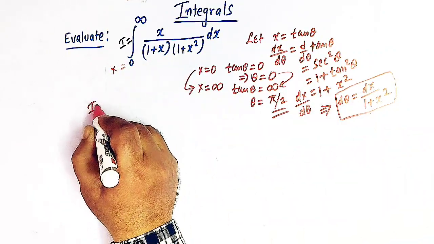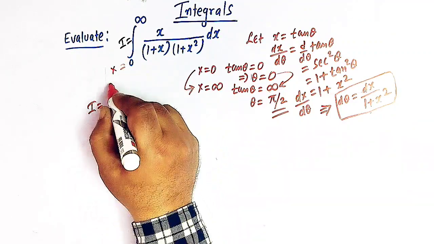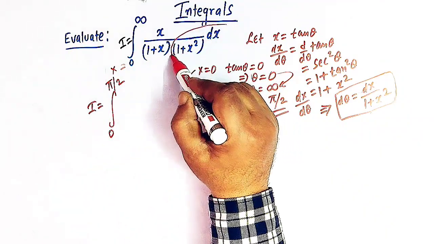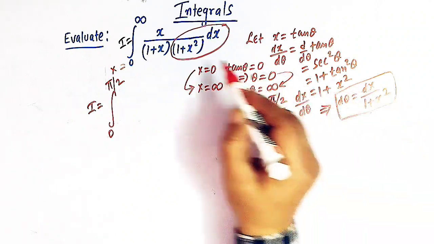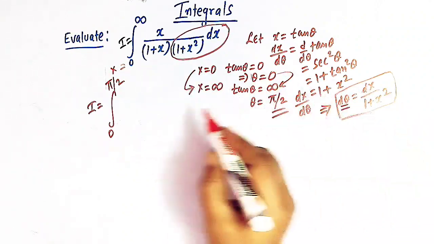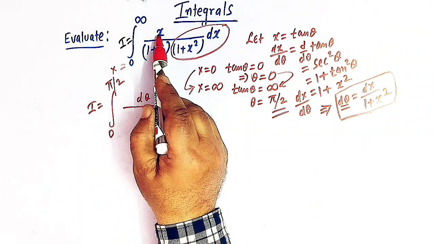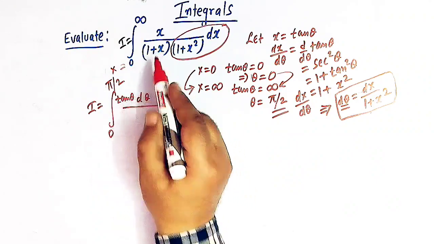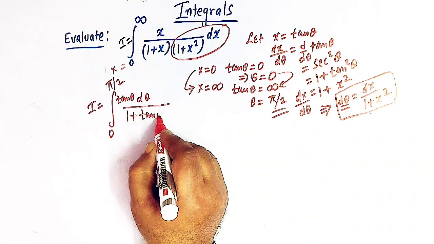Now we have I, with limits from 0 to pi by 2, and for dx over 1 plus x square we can write simply d theta, and for this x we can write tan theta, and for 1 plus x we have 1 plus tan theta.